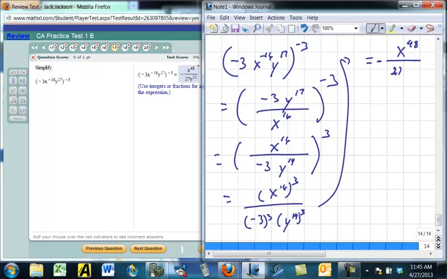And then we multiply the powers here. 42, no. Yeah, 42. I miscopied. That's a 17, not a 14. 3 times 17 is 51. Okay, 51. There we go. Alright, so there's our final answer there, which is what they have here.